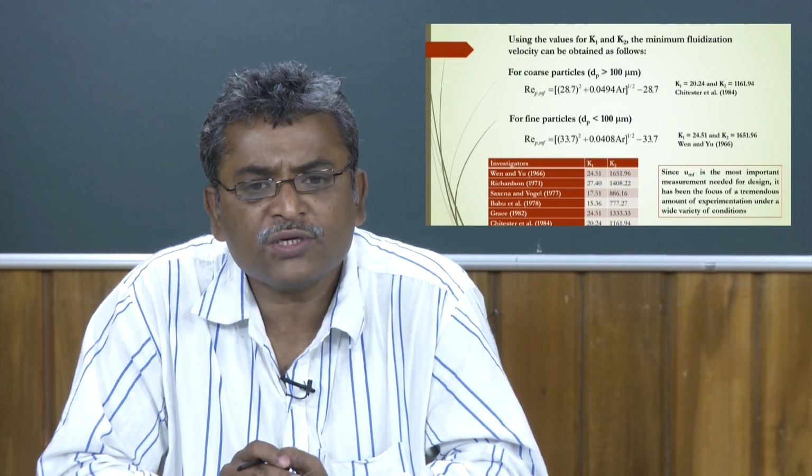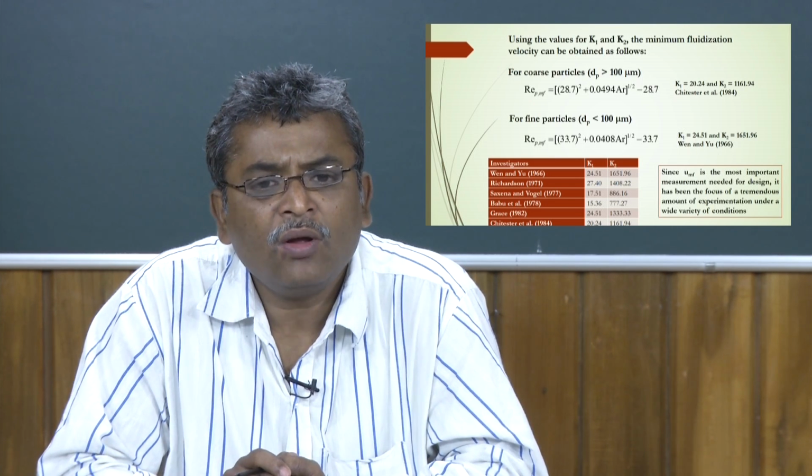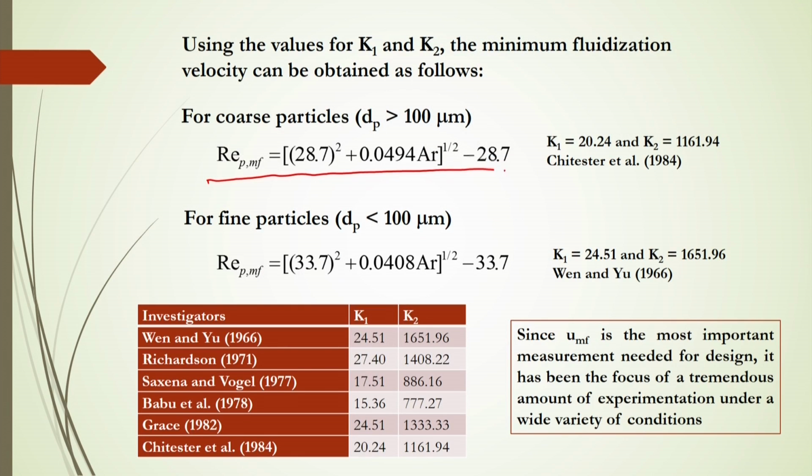Here for coarse particles, that means if particle size is greater than 100 micrometer, you can calculate the minimum fluidization velocity from this equation. In this case, K1 and K2 are taken from Saxena et al., 1984, where K1 equals 20.24 and K2 equals 1161.94.